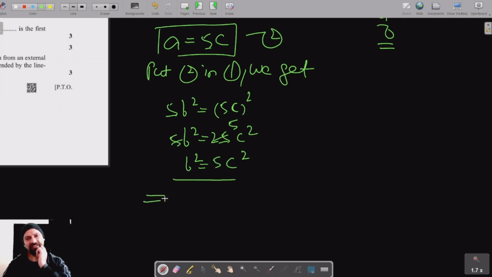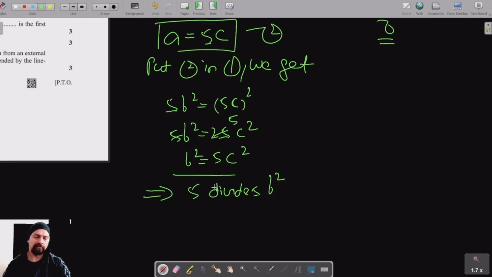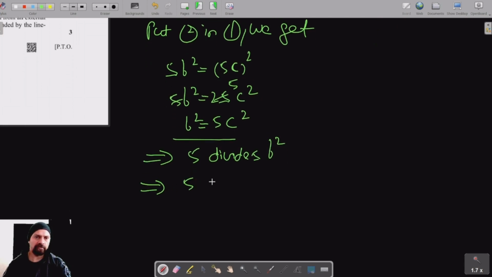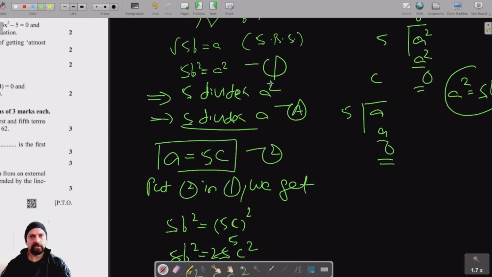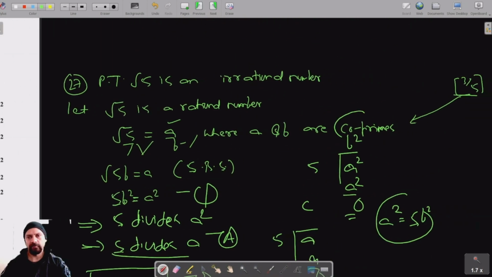Now this means that 5 divides b square. Now 5 divides b square means 5 divides b. So 5 divides b and 5 divides a, but a and b are co-primes.